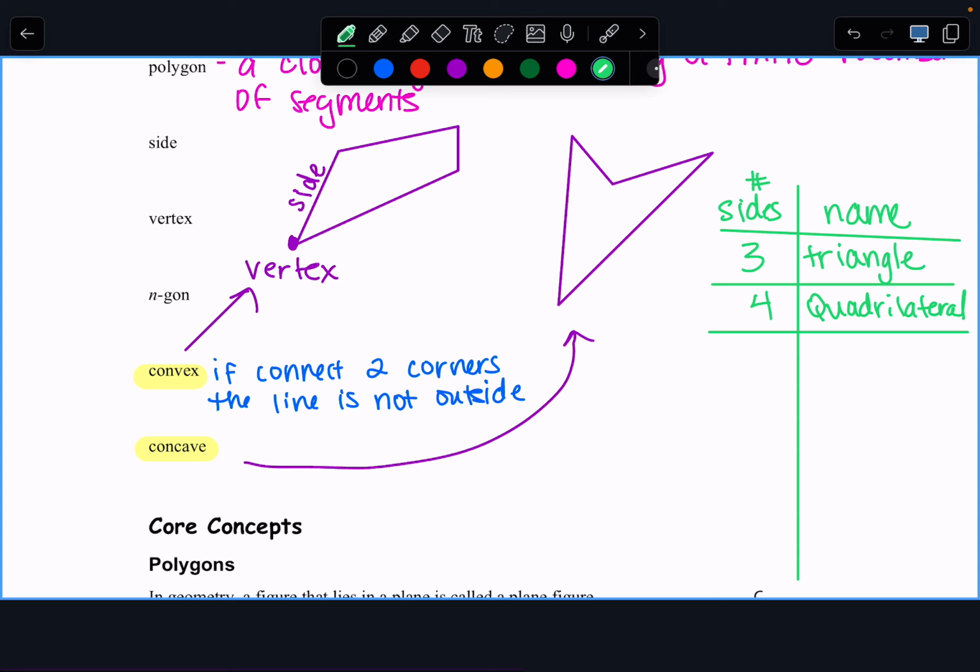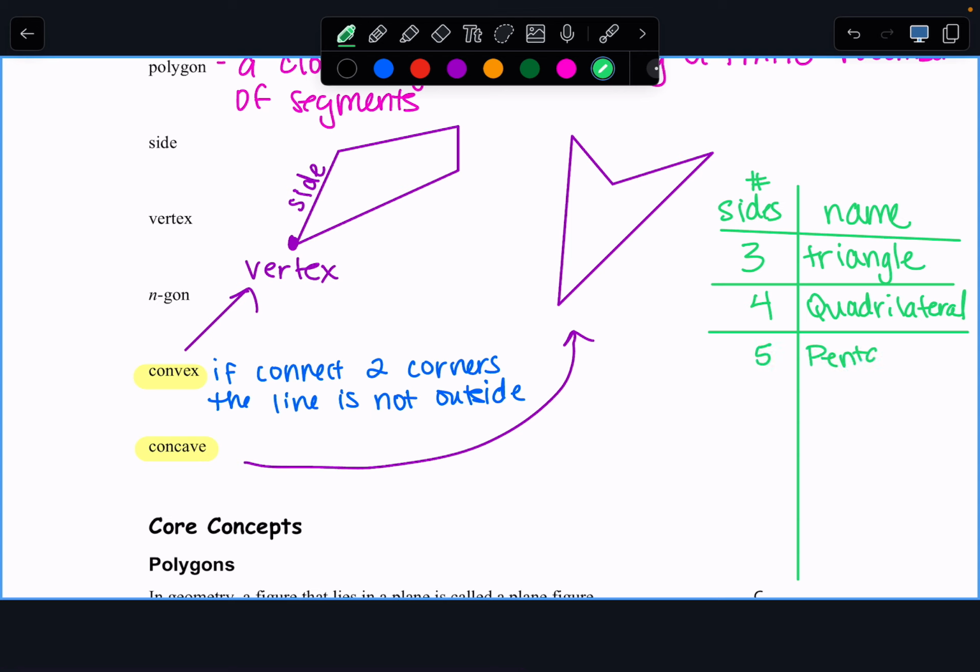Okay. 5. Pentagon. There's a famous building because it has 5 sides. 6. Hexagon. 7, not septagon, heptagon.